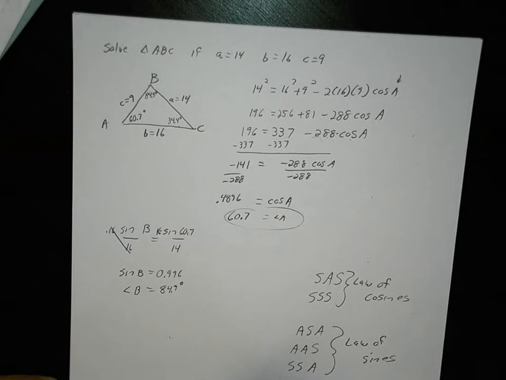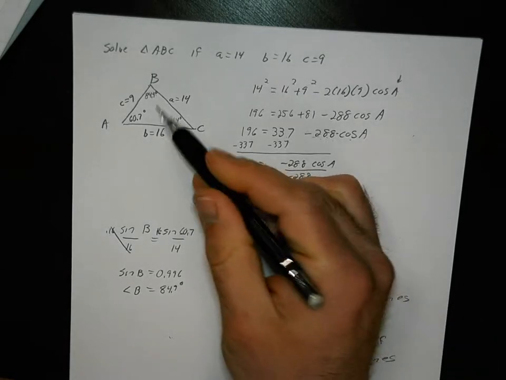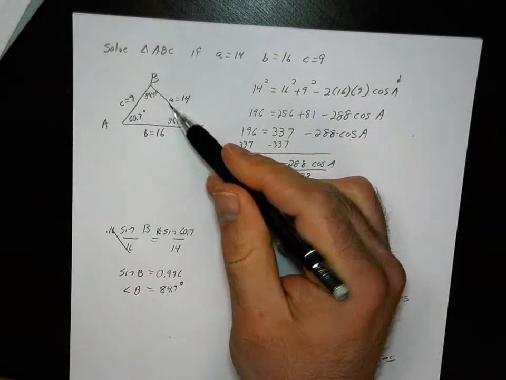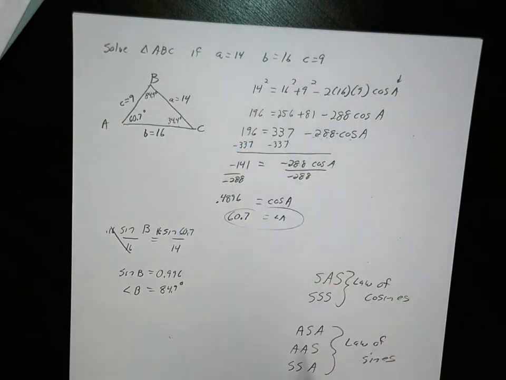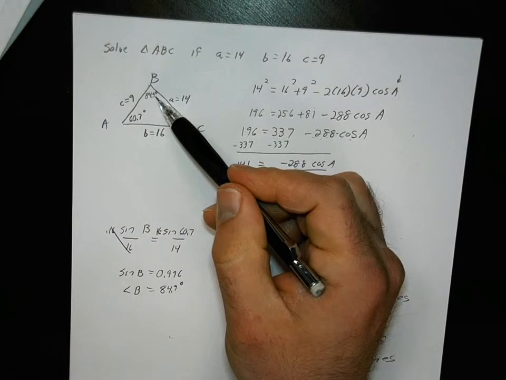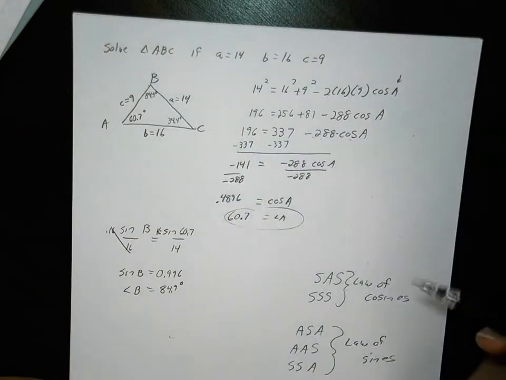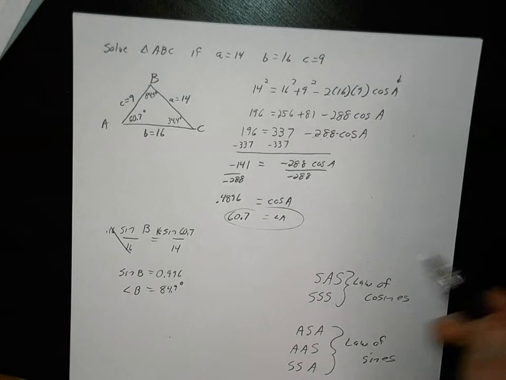What if I have angle angle angle? Well, if I have three angles, then I cannot find the length of the sides because they could be any length. You need to know one of the side lengths in that case because you could have similar triangles.